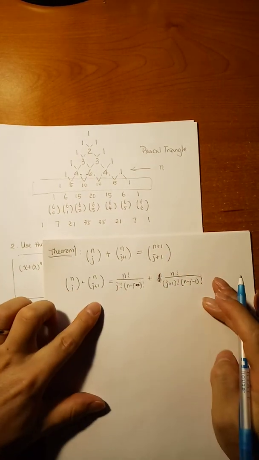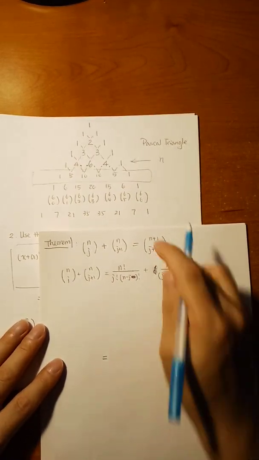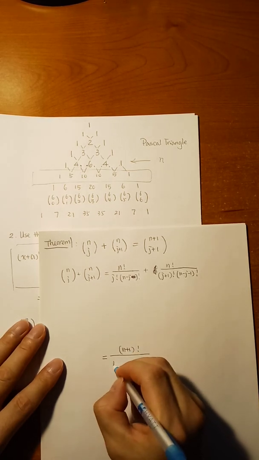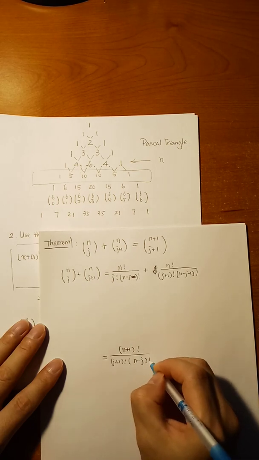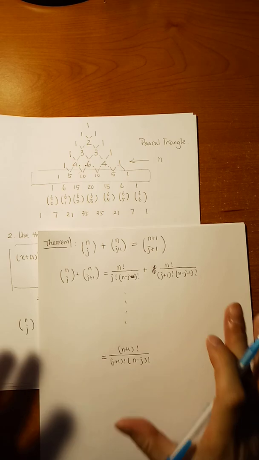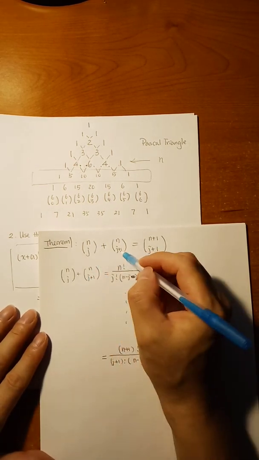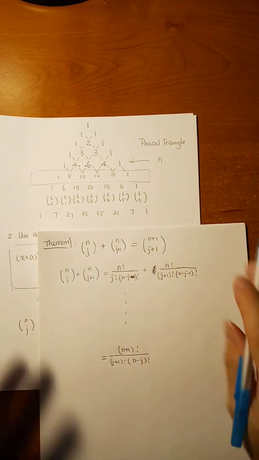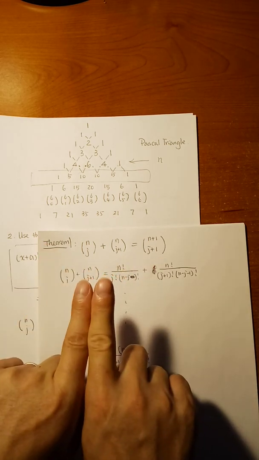Eventually you get this right side, n plus 1 factorial over j plus 1 factorial times n minus j factorial. You should do this practice by yourself. In the textbook, they use j minus 1 and j. In our case, we use j and j plus 1. Either way, they are adjacent.